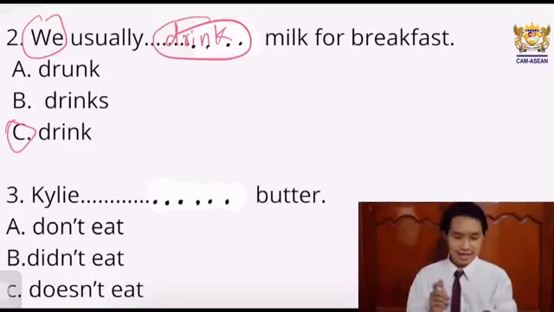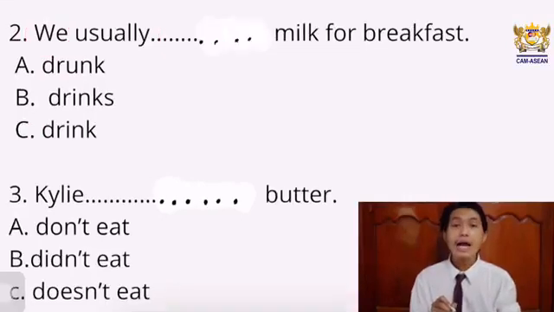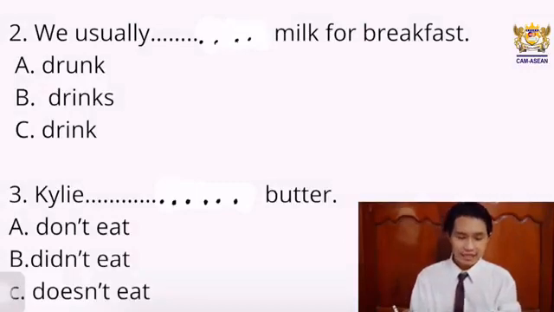Number 3, Kylie ... butter. So, is it letter A, don't eat? Is it letter B, didn't eat? Is it letter C, doesn't eat? Which one is the correct answer?